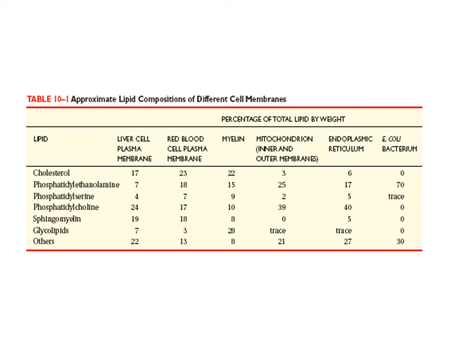Okay, so bacteria has 70% ethanolamine and just a trace of serine. So notice that same kind of trend. Not a lot of phosphatidylserine, but more than in bacteria. Why is that? What's going on there?